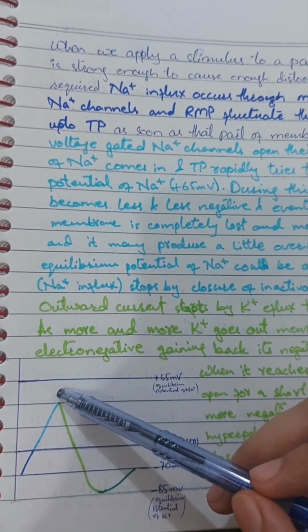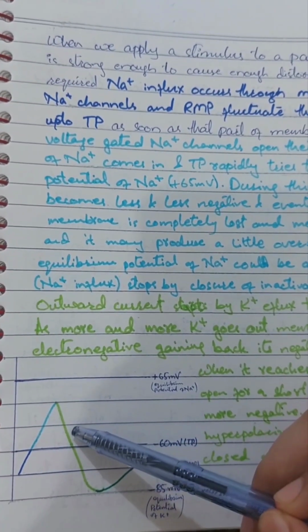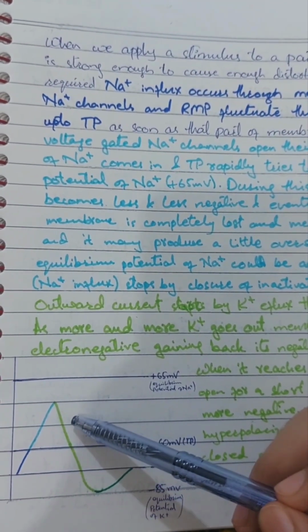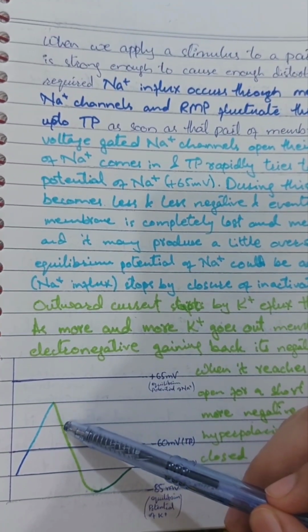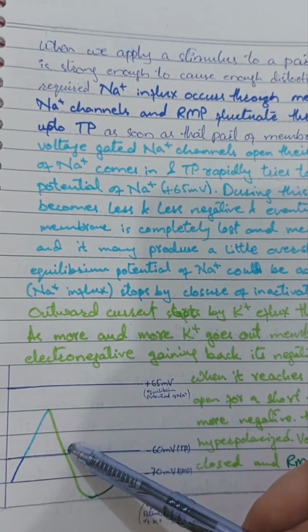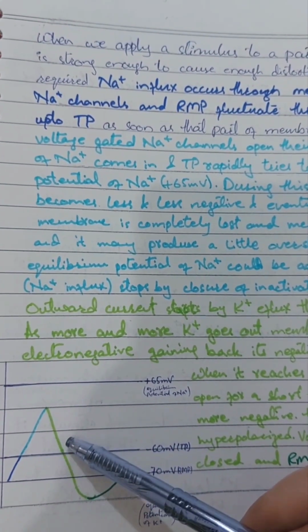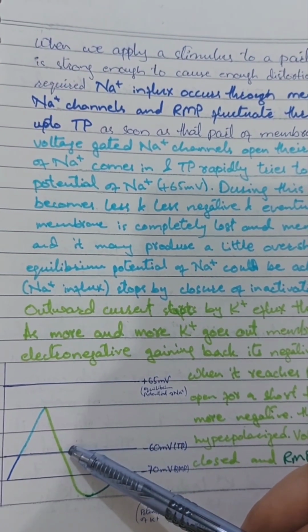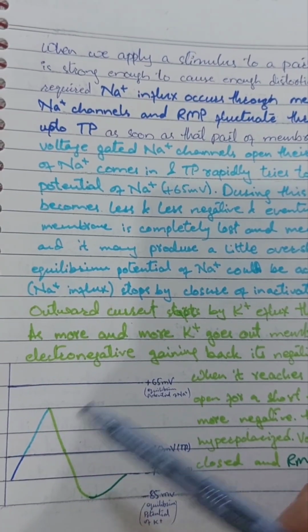The outward current starts by potassium efflux through voltage gated potassium channels. As more and more potassium goes out, the membrane gets more and more electronegative, gaining back its negative polarity, becoming repolarized.